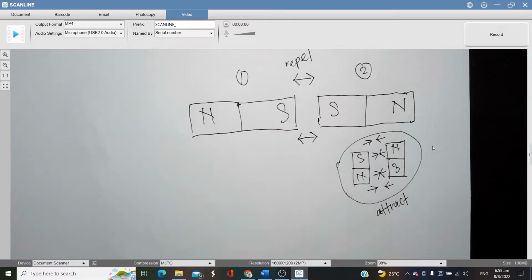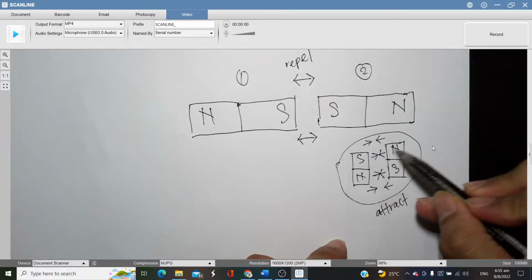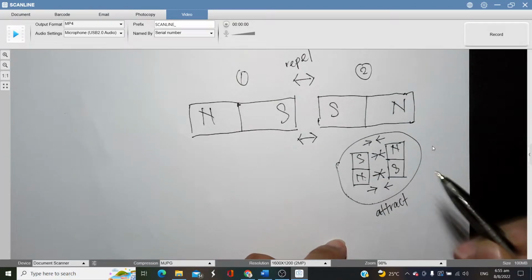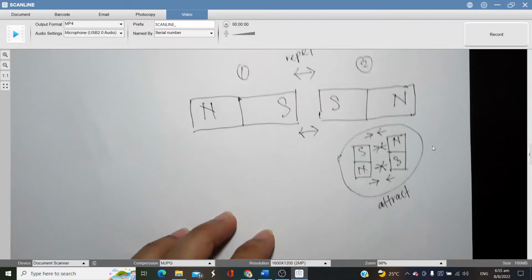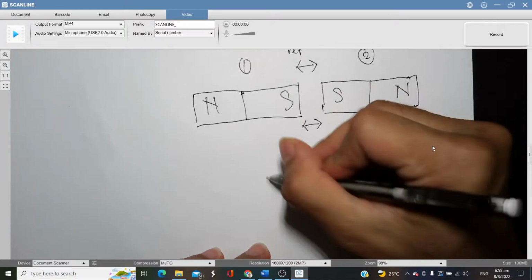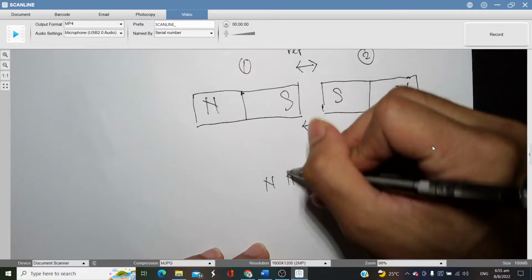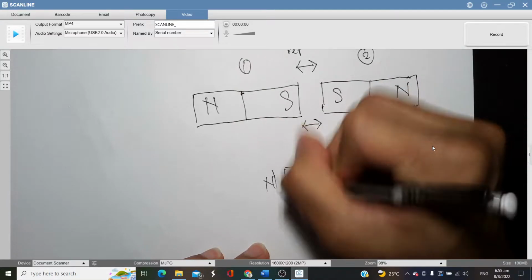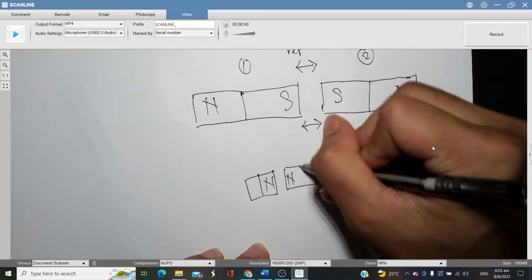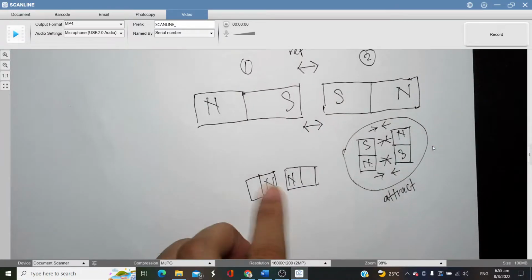They will attract each other, because of south and north, north and south. If it is north and north, what will happen?